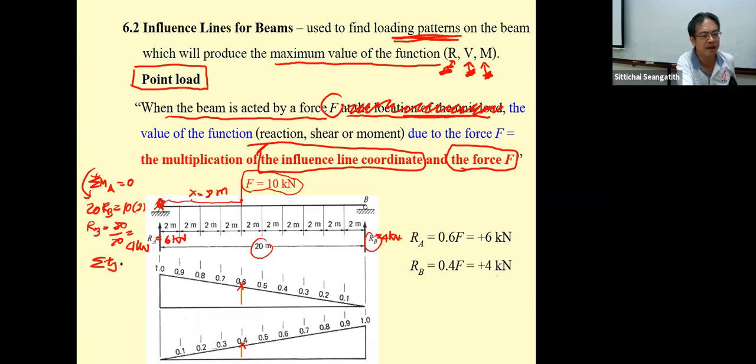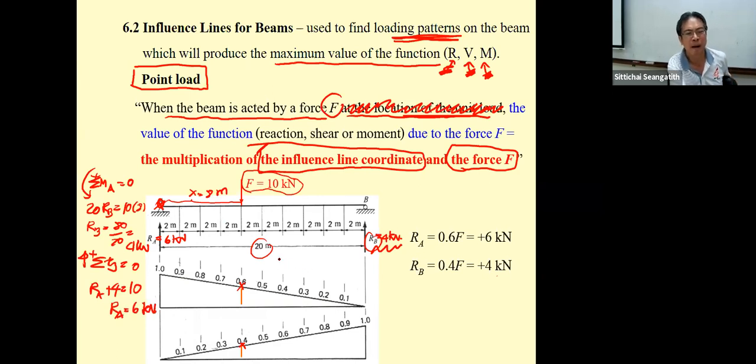And then summation of F sub Y equal to 0. R sub A plus 4 kilonewton, upward is positive, is going to be equal to 10. So R sub A is going to be 6 kilonewton.